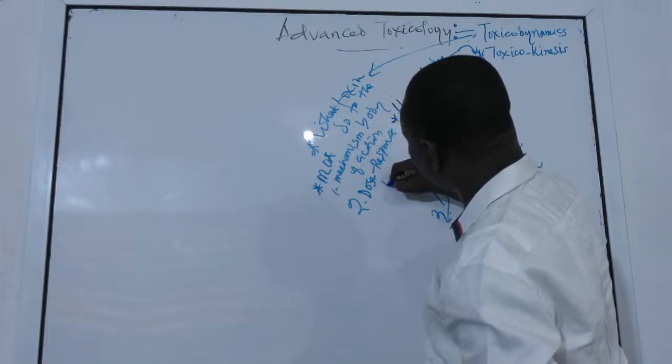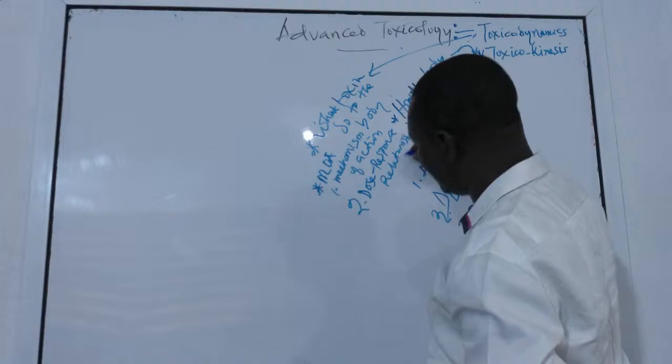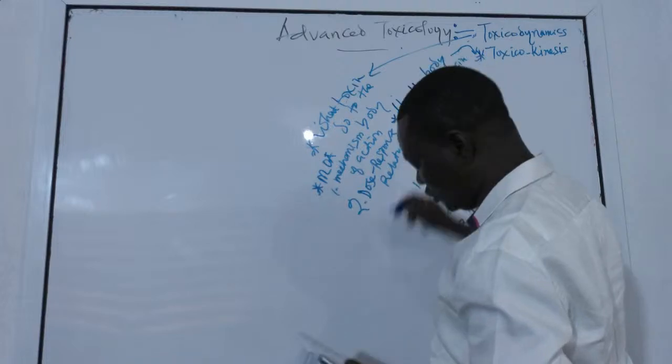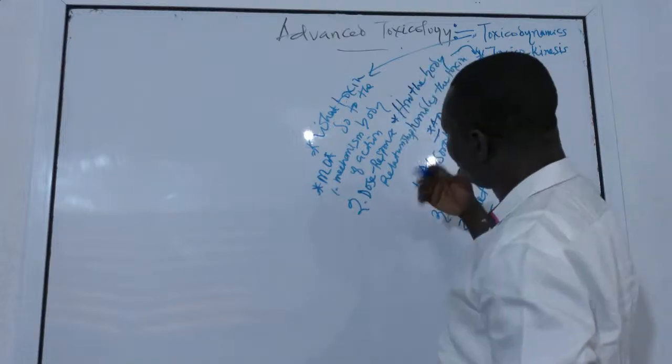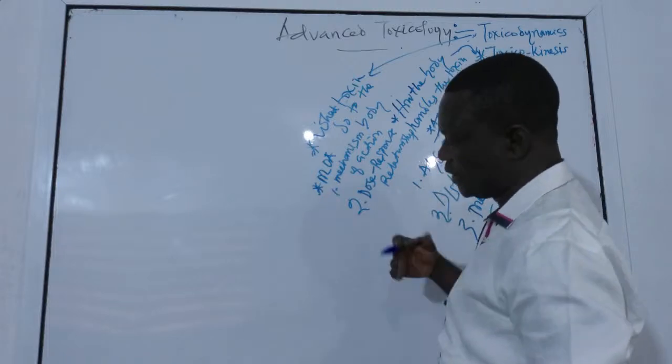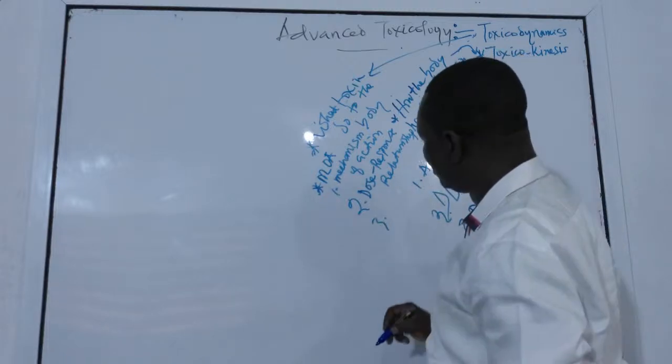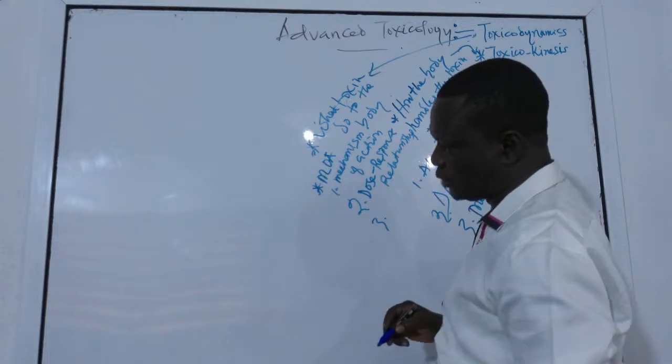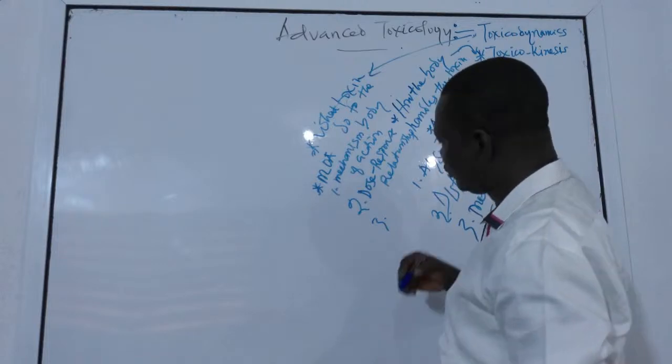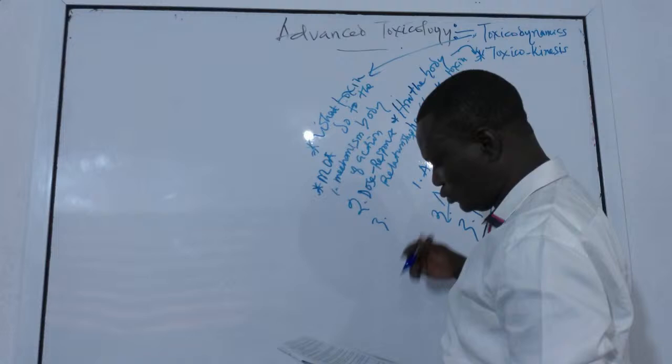Just like what we have been explaining so far, that has to do with the dose response relationship, in terms of knowing what they do at the cellular and molecular level. So we are going to look at that.